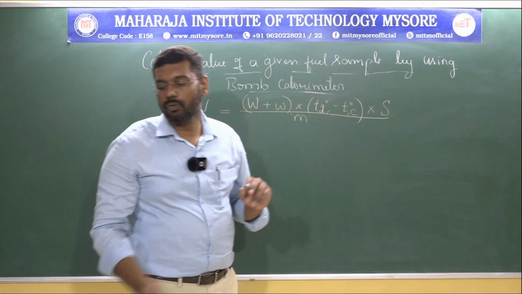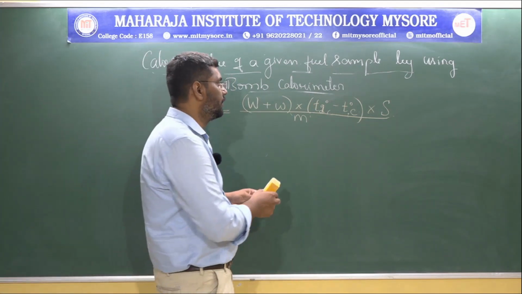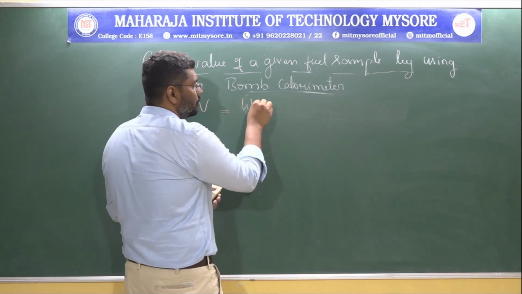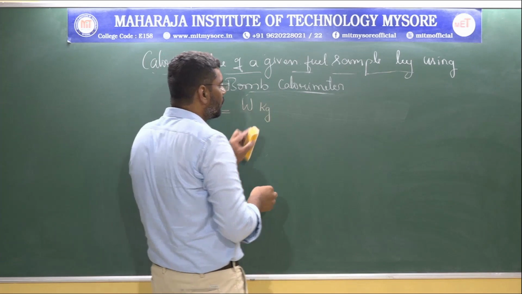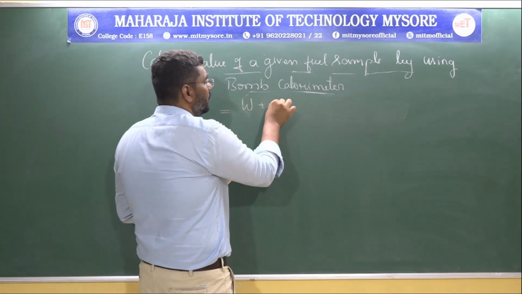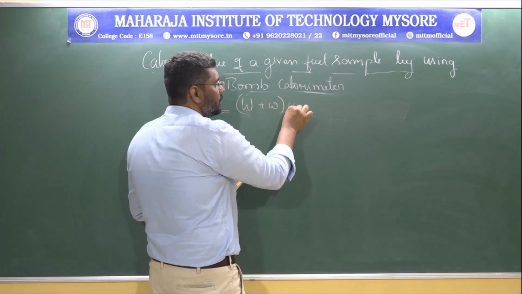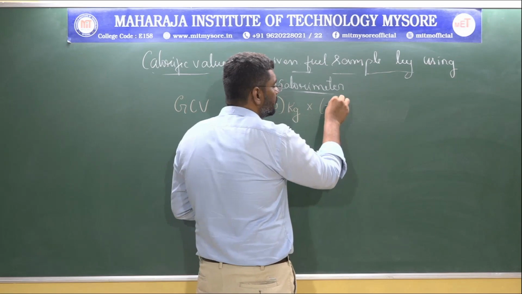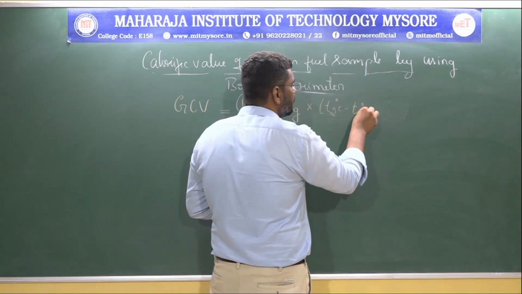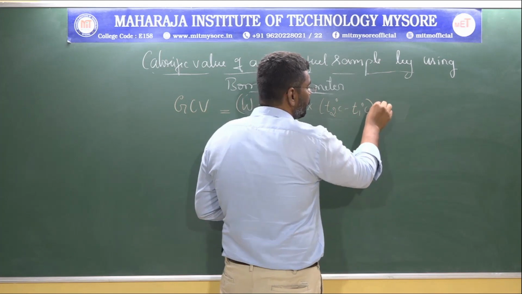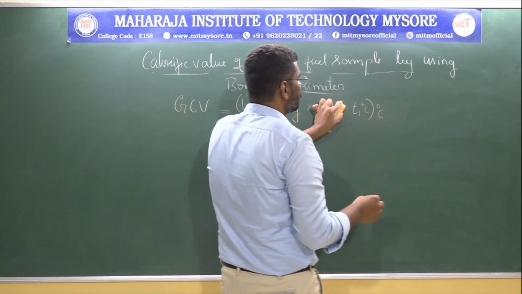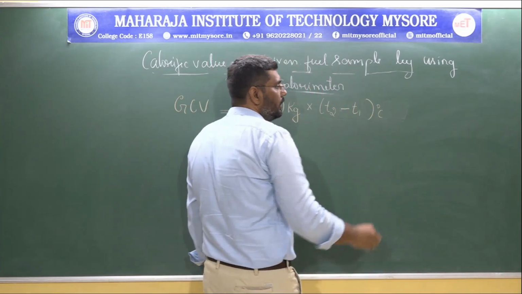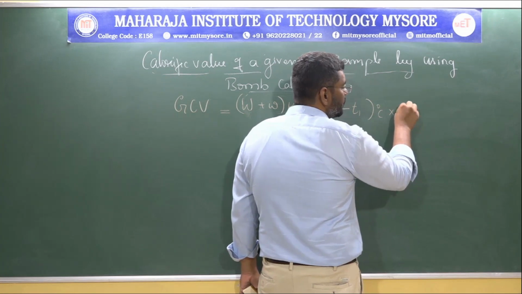Coming to the units for calculating this GCV, W is expressed in kg, and small w, the water equivalent, is also expressed in kg. This is multiplied by T2 minus T1 in degree centigrade, and that is multiplied by the specific heat.